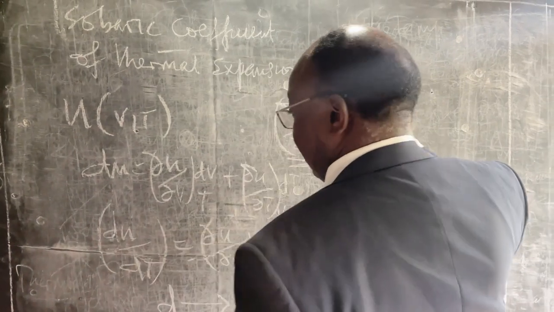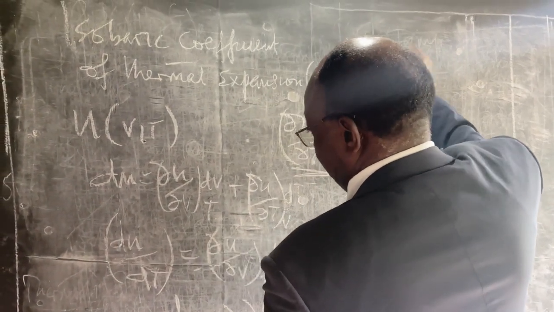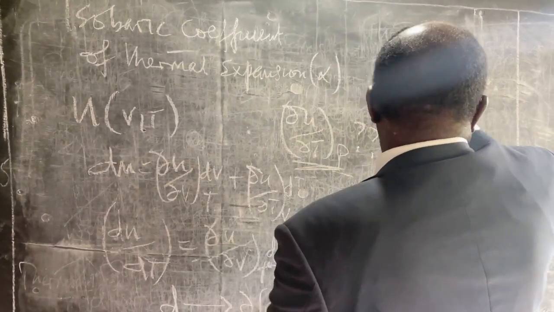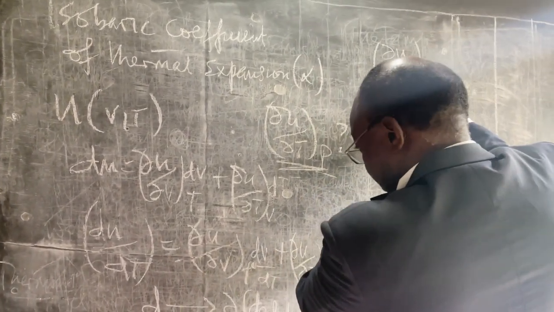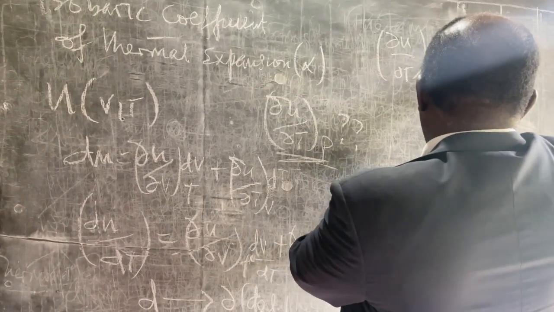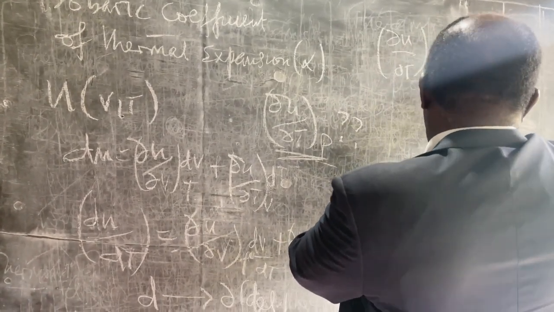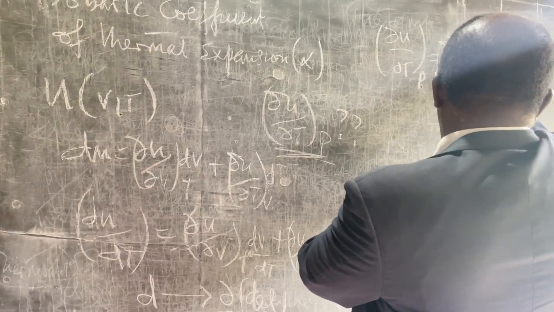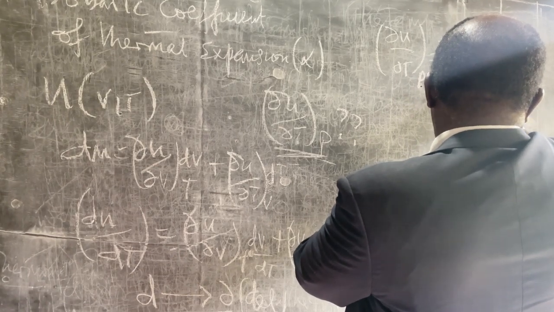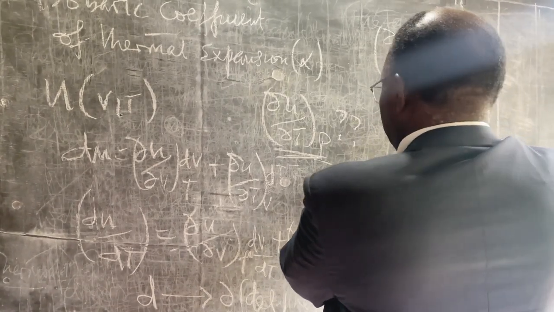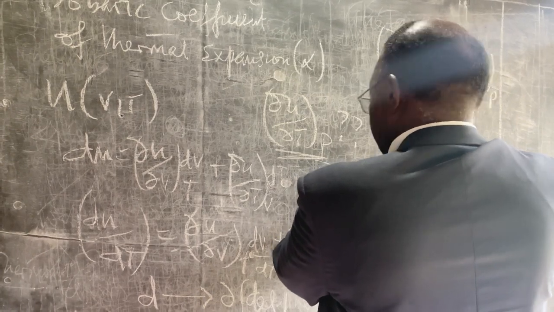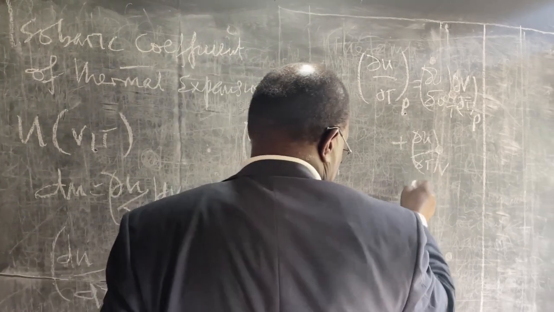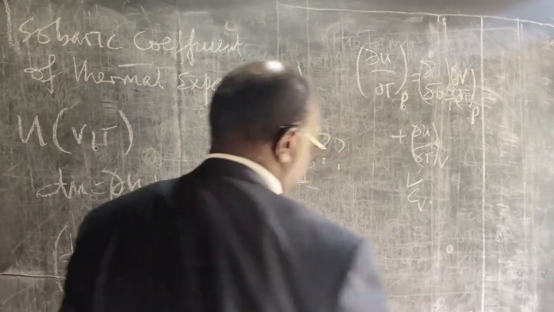So now del U del T at constant P is equal to del U del V at constant T, times del V del T at constant P, plus del U del T at constant P.